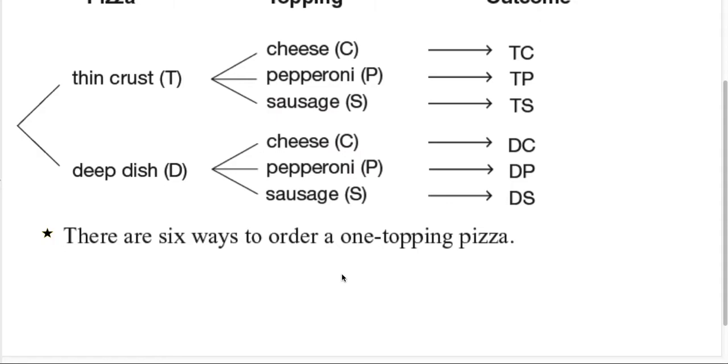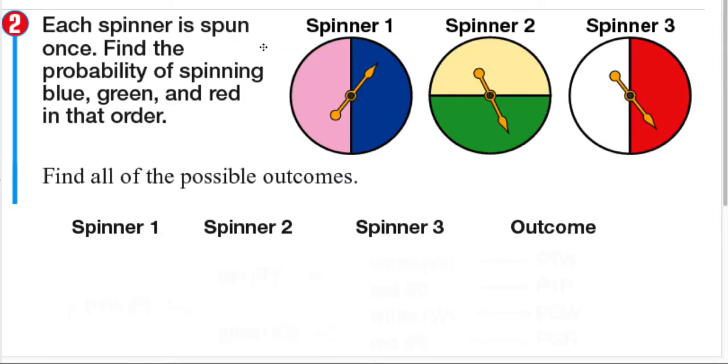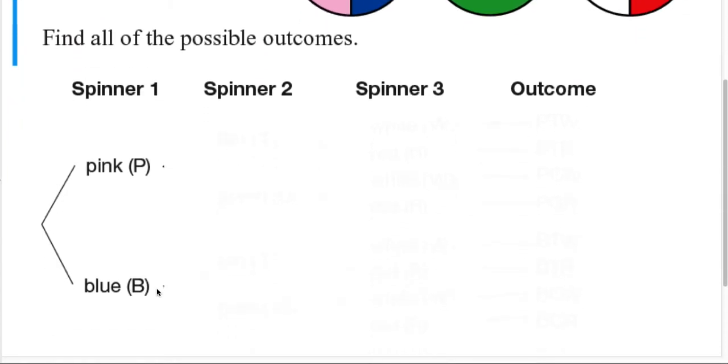Take a look at example number 2. You have spinners, and each spinner is spun once. Find the probability of spinning blue, green, red in that order. First, find all the possible outcomes. We write out spinner 1, spinner 2, spinner 3, and the number of outcomes. In spinner 1, there are 2 possible outcomes: pink and blue.